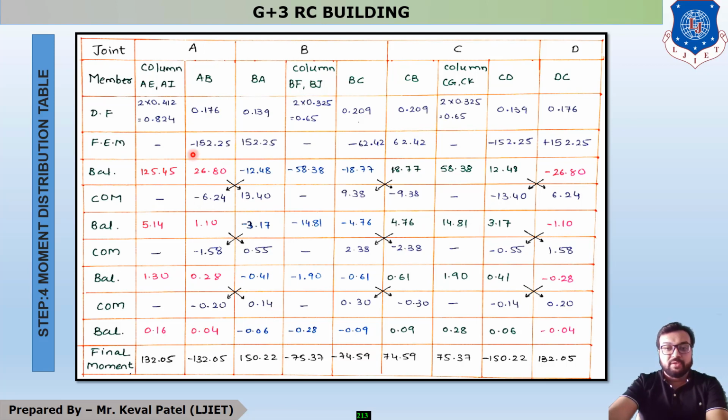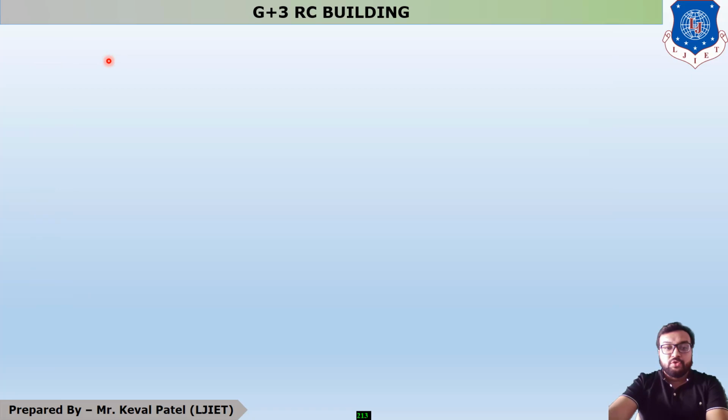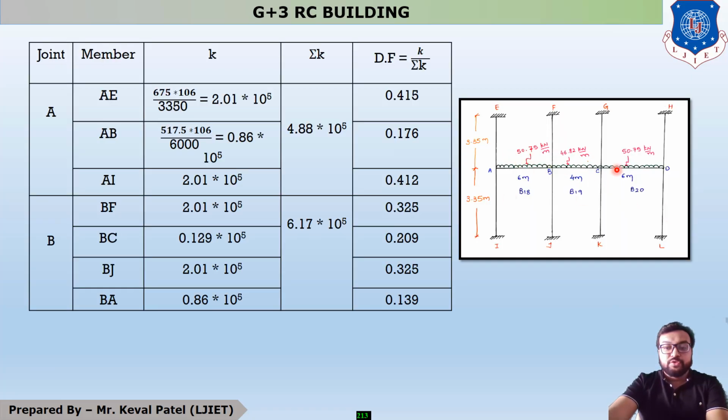Our first row is the joint row. You can see there are 4 joints A, B, C and D, but you have to design only A and B. Then it is already the answer for C and D.